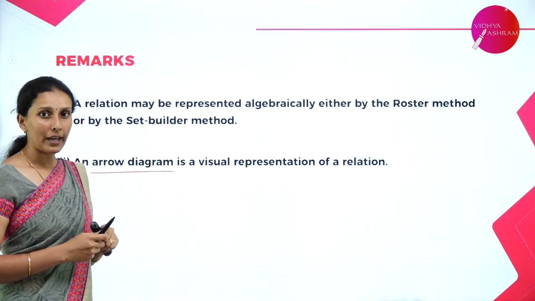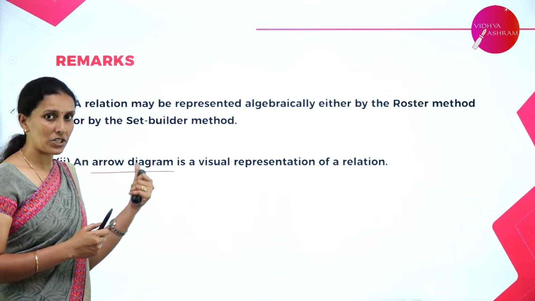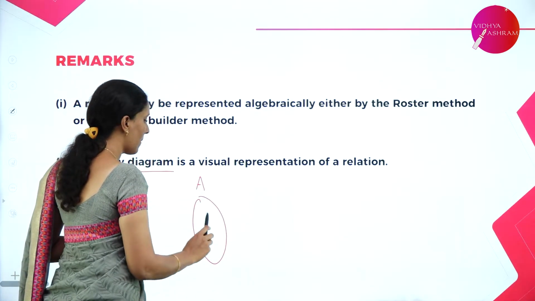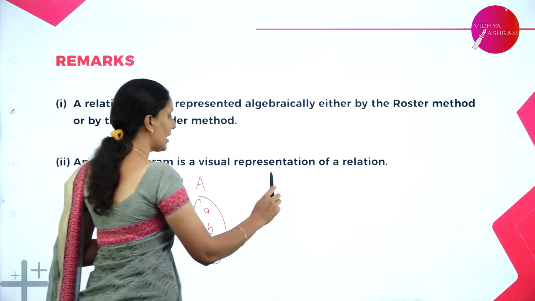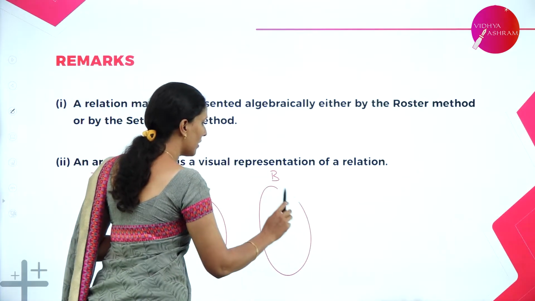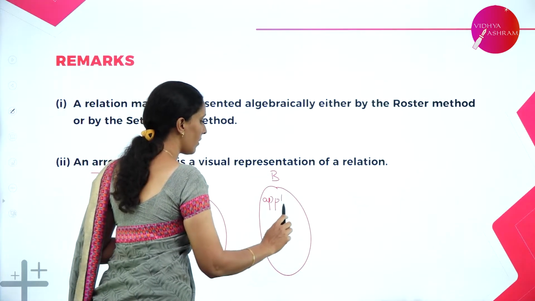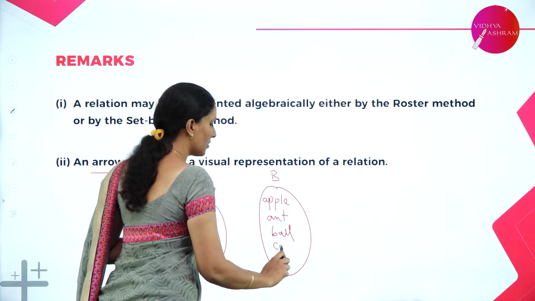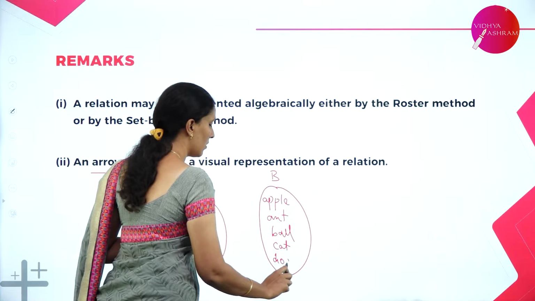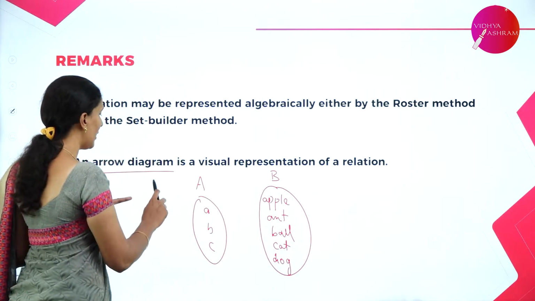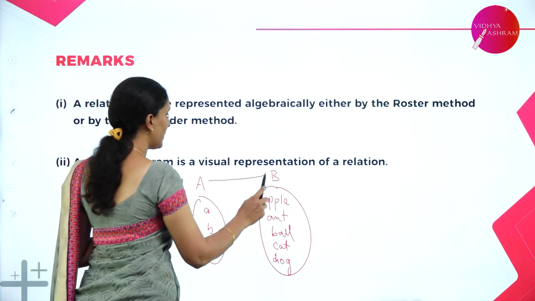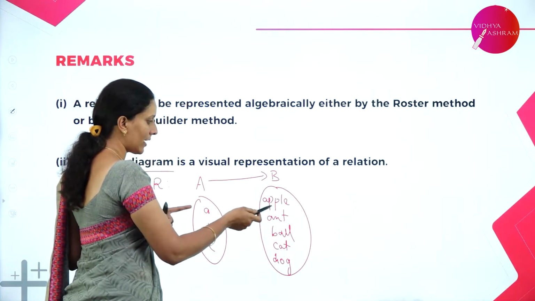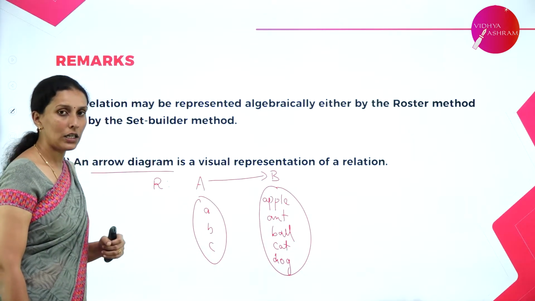What is this arrow diagram? I have taken an example of set A and set B. Suppose set A contains the elements a, b, c, and set B contains the elements apple, ant, ball, cat, dog. Now I am defining a relation from set A to set B such that the first letter of the element inside the second set must be present in the domain set.